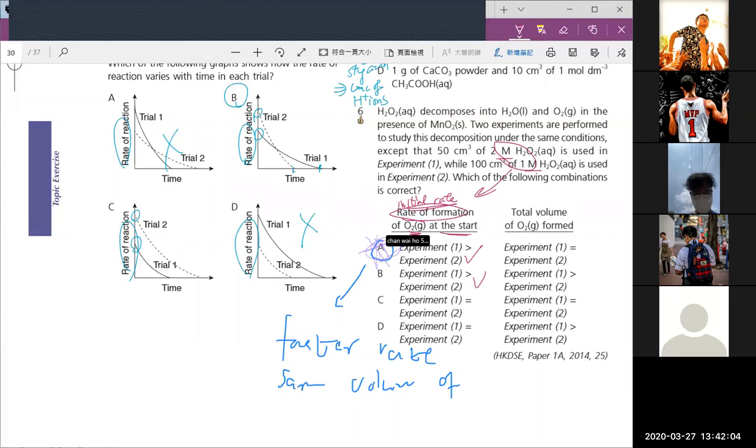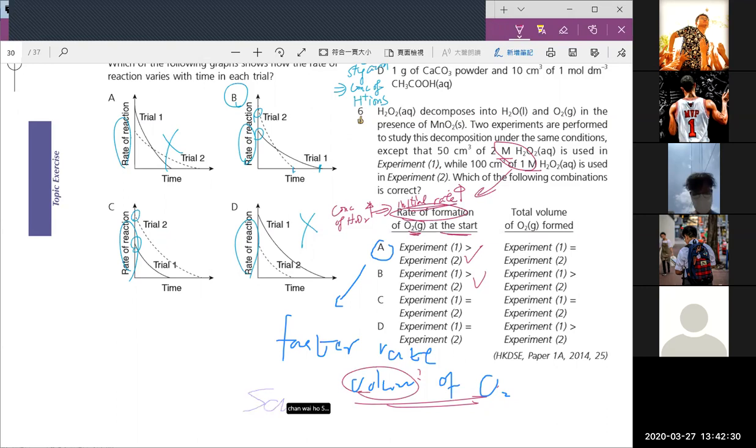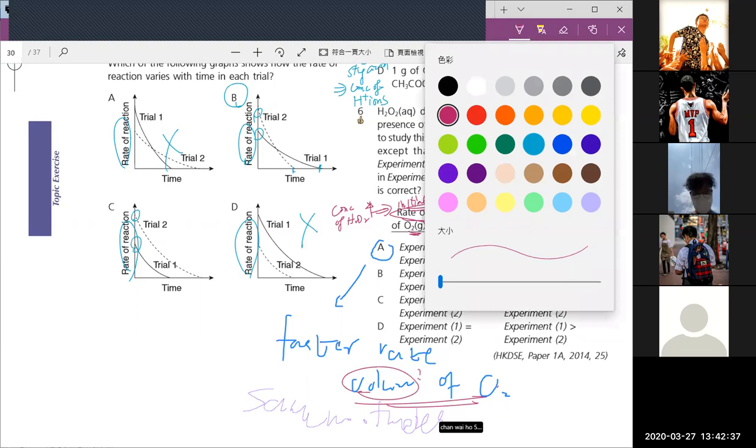So the concentration of H2O2 would affect the initial rate, right? How? When the concentration of H2O2 increases, the rate will increase, right? So you may see that 1 is greater than 2. Same volume of O2. Why? Why is it the same volume? Yes, that's right.